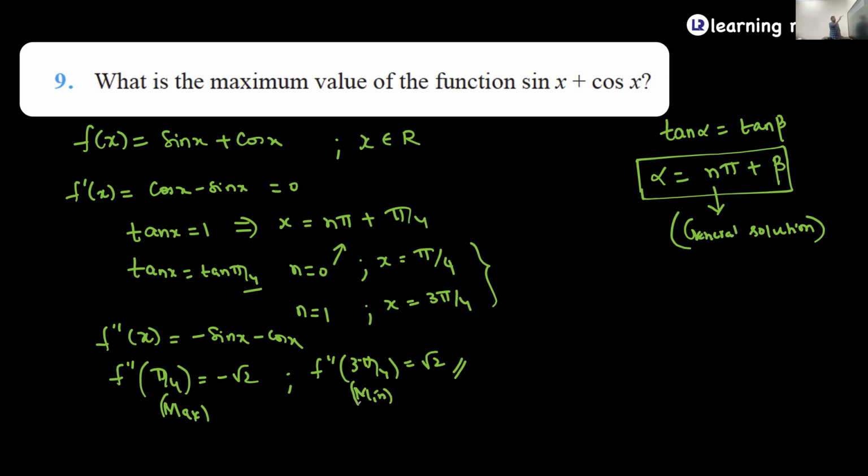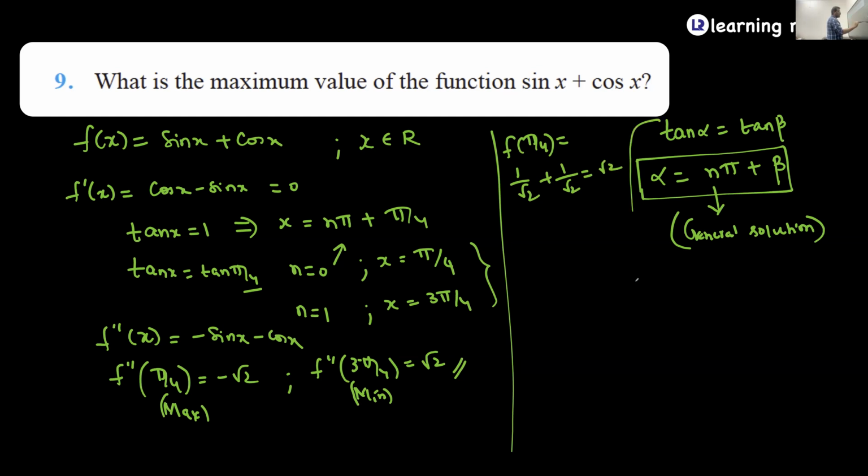So what are they asking? Only the maximum value, no? So for the maximum value, you need to find f of pi by 4. So what is f of pi by 4? 1 by root 2 plus 1 by root 2, which is root 2. So root 2 is going to be the maximum value.